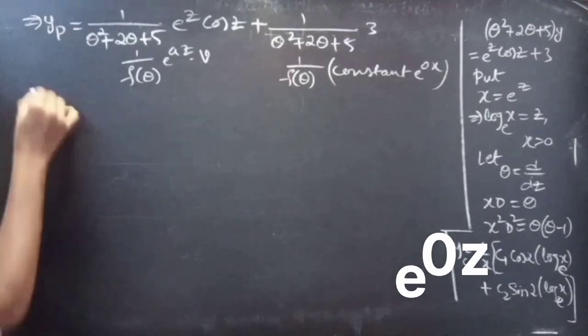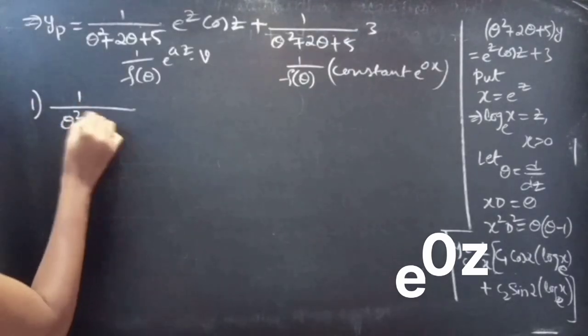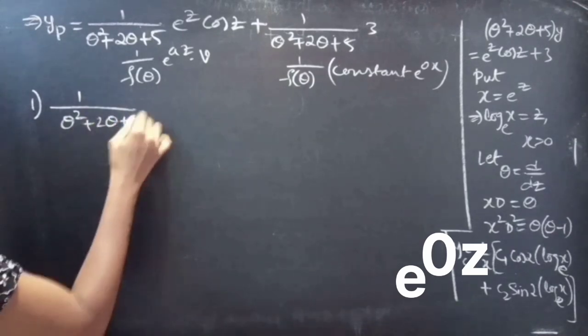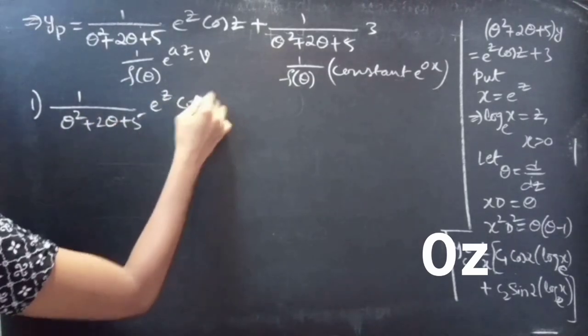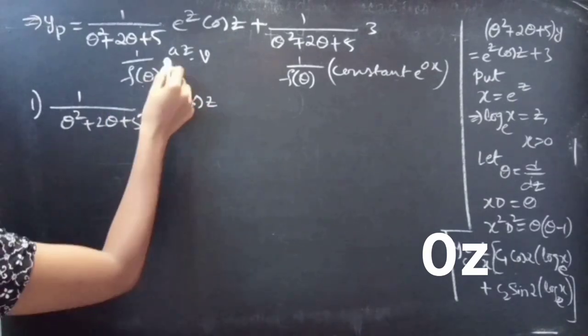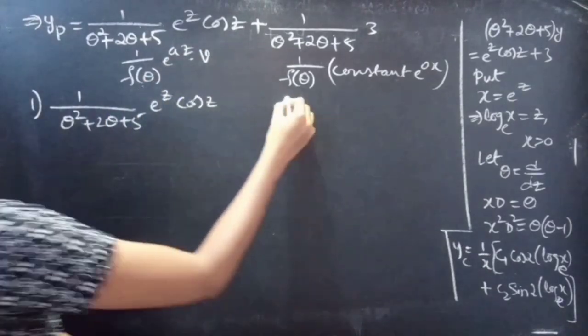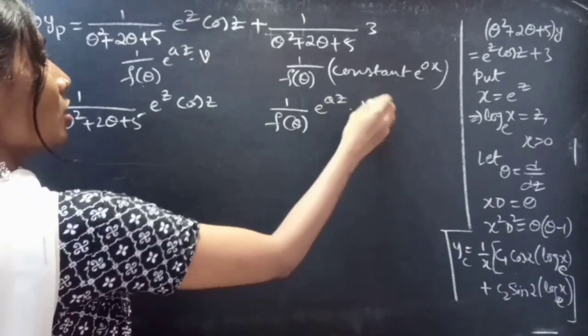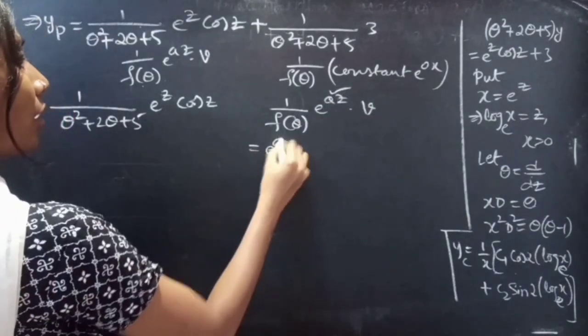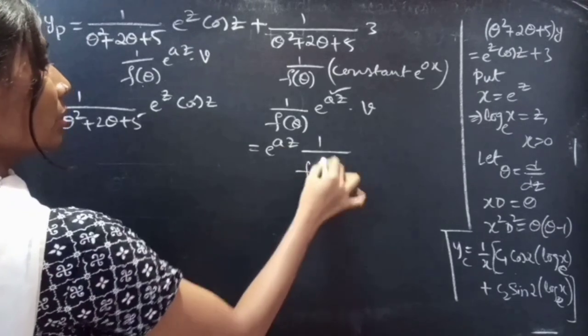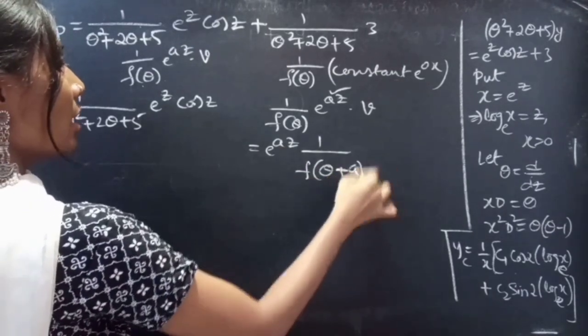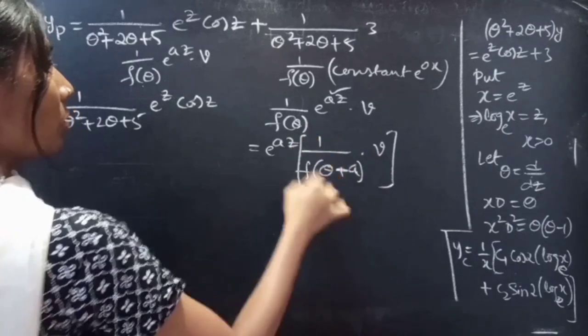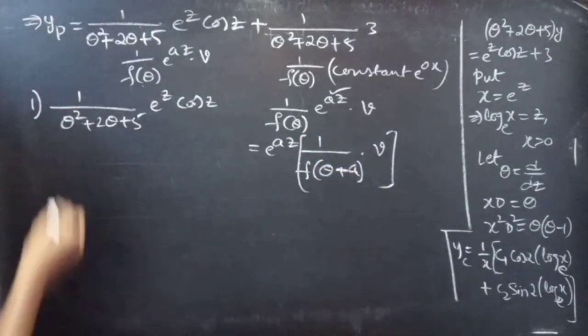So first one, 1 by f of theta into e power z cos z. This is 1 by f of theta into e power az into v form, right? Shift e power az towards the left by replacing theta with theta plus a, and later we'll operate v with 1 by f of theta plus a.